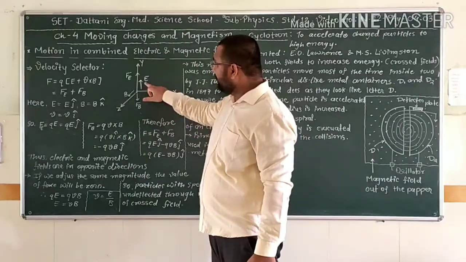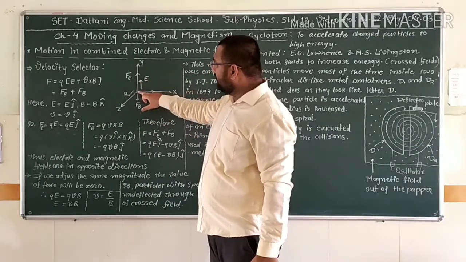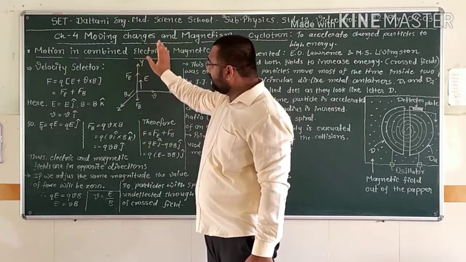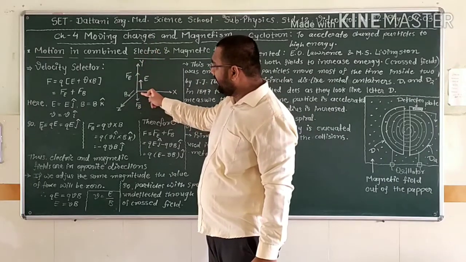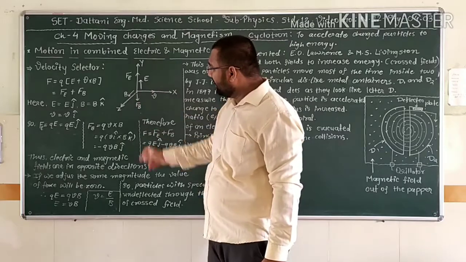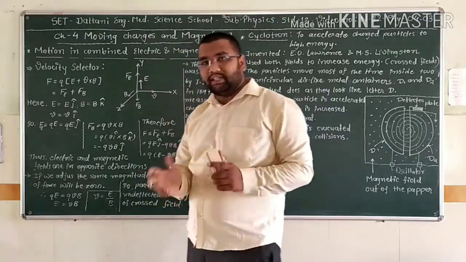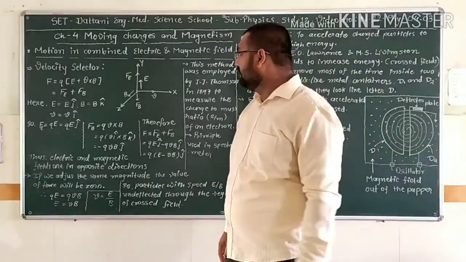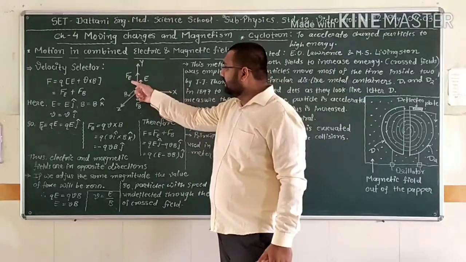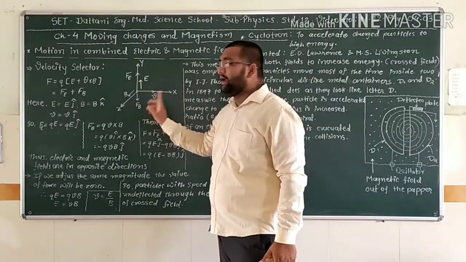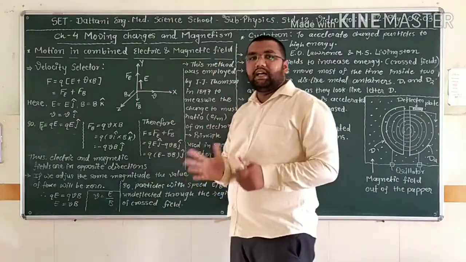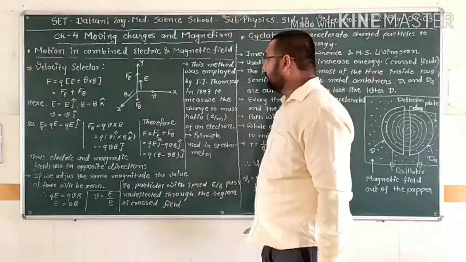So the electric force is in y-axis direction and the magnetic force is opposite to the electric force. So the electric force and magnetic force are opposite to each other.